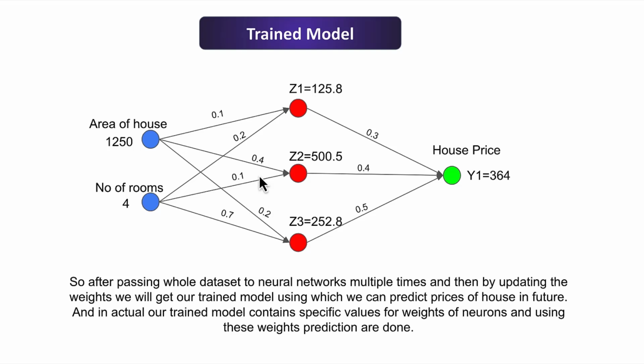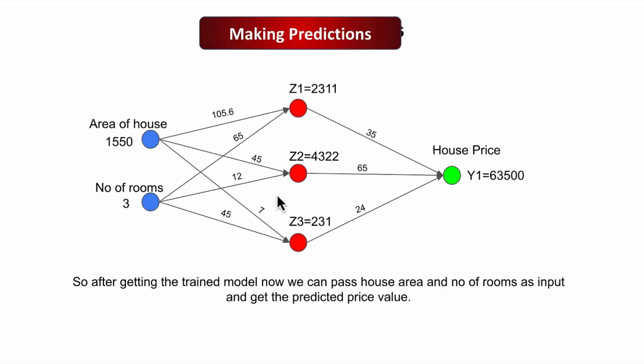So now after training our model, we can say our neural network is going to look like this. Here we will get the values for these weights using which we are going to make the prediction. Now after training the model, the next step is testing that model. For testing the model, we are going to pass inputs at the input layer, but this time we have not passed these inputs during training.